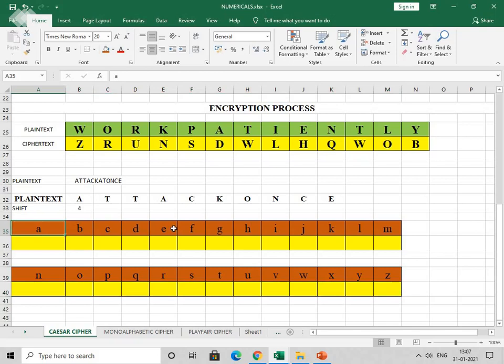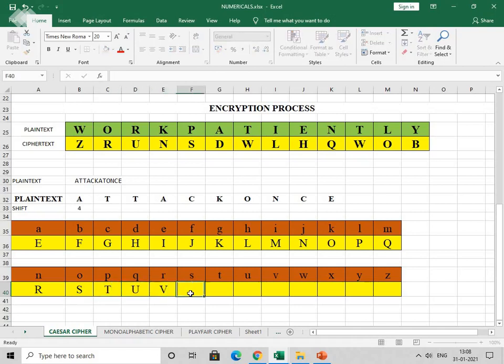From A, the fourth element is E. From B, the fourth element is F. Then from C, the fourth element is G, then H, I, J, K, L, M, N, O, P, Q, R, S, T, U, V, W, X, Y, Z. The next is A, B, C, and last is D. So the table has been changed.